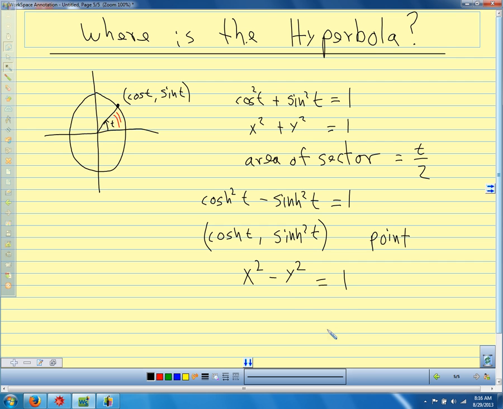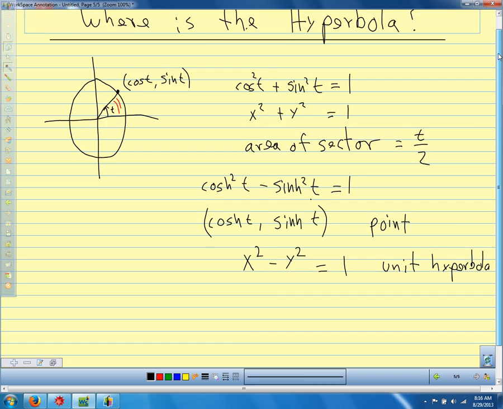That is the equation of a hyperbola. So this describes a unit hyperbola.